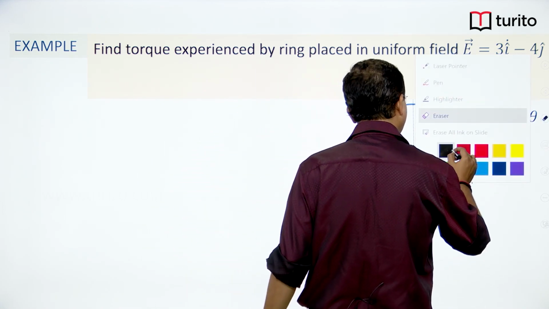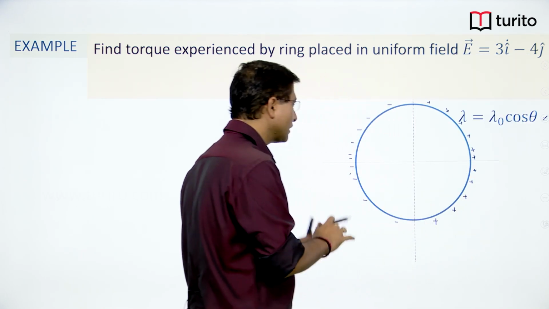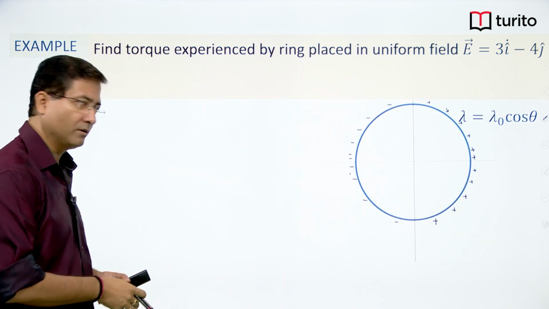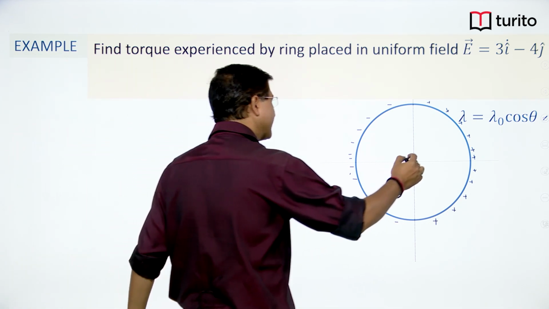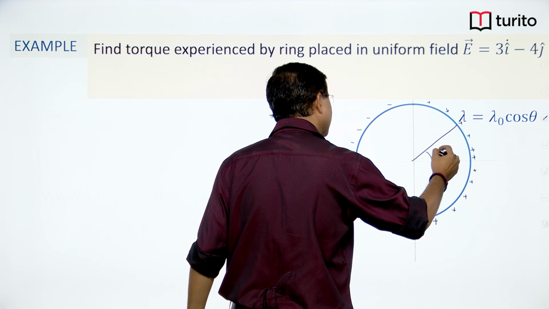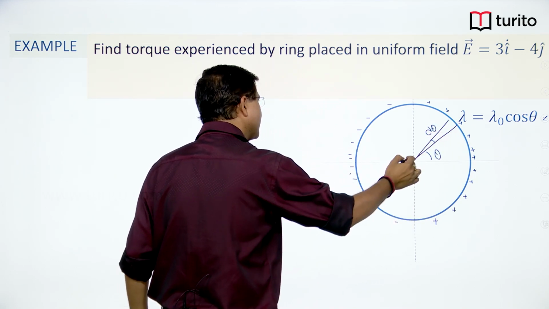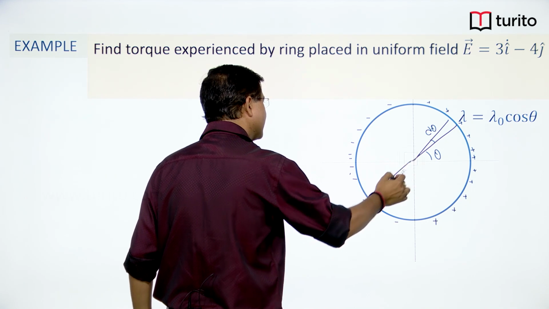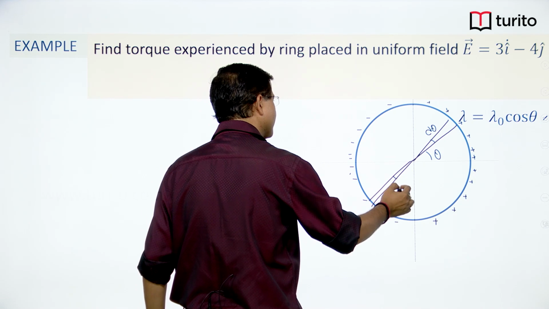So I will just somehow convert this into dipole, right, and you can see whatever be the charge here at an angle theta, which is subtending angle d theta, the same will be the charge on this side at an angle theta and subtending angle d theta.